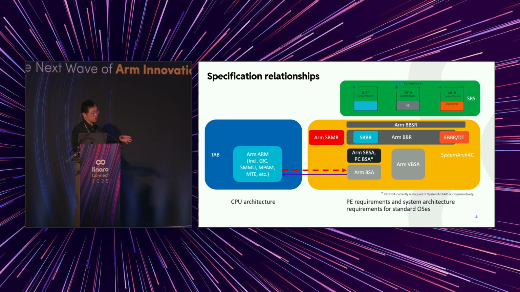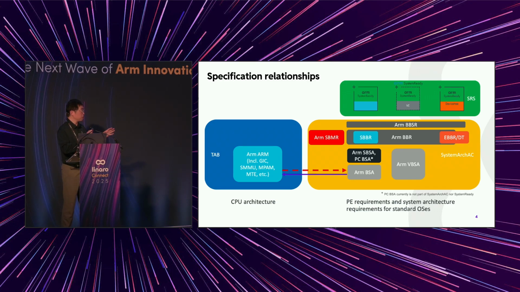It also covers how you build the entire system. And then we also have the compliance programs on the top that utilize these specifications and help you figure out whether your system is designed to be compliant. And we have made some changes to that compliance program. I'll talk about those later on.